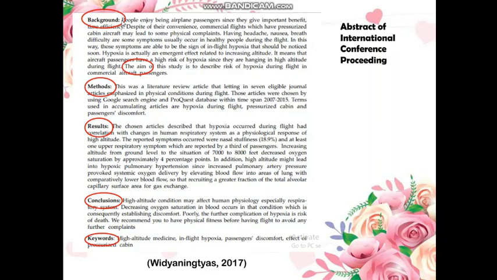Okay, let us take a look at the first sentence. People enjoy being airplane passengers since they give an important benefit, time efficiency. People enjoy. This is verb 1. It means that in the background section, it used the present tense.